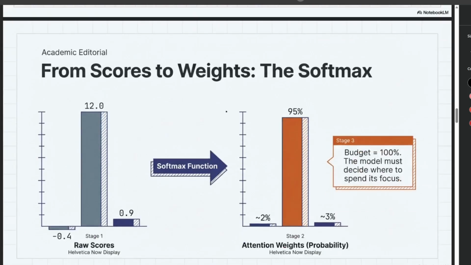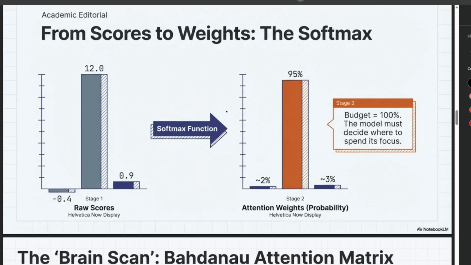These raw scores can be any number. To make them usable, we pass them through a softmax function. This converts the scores into probabilities that add up to 1. For example, the model can say 60% focused on the word go and 40% focused on the word let's.